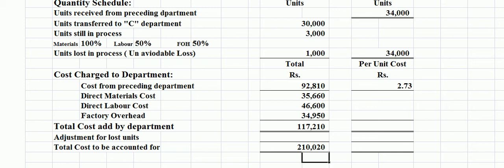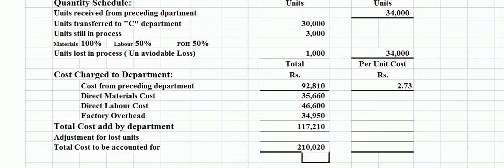Now students, our next step is to find out the per unit cost against current department manufacturing cost, like direct material, direct labor and factory overhead, and also the adjustment for those units.